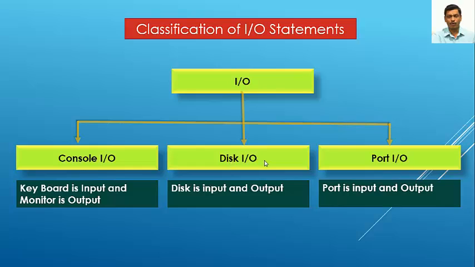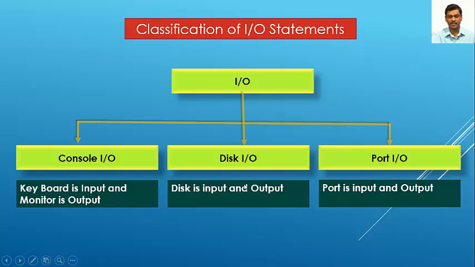So this is disk output. If we want to access the stored data from the hard disk, this is disk input. If we access the data from a stored file, this is disk input because that file is an input to the program. We display it through the monitor, or we perform some calculation. After the calculation we can store the result into a new file.